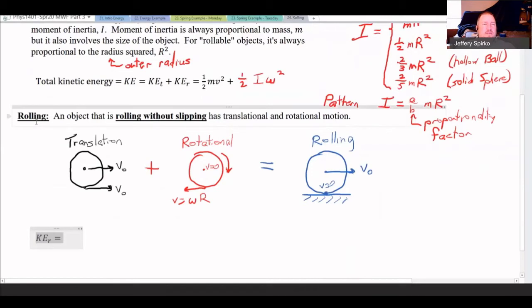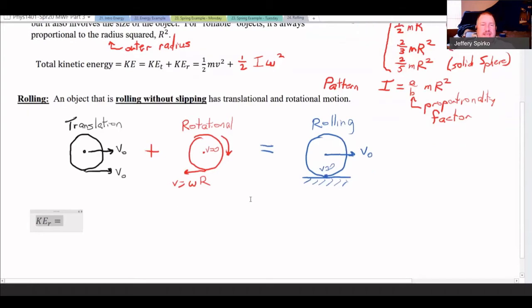Okay, so the rolling object has translational velocity. That is, the entire object is moving, so the center of mass is moving, and this point that touches the ground is moving. So that's the velocity caused by rotation. And the rotating object, if it was purely rotating, would have the center of mass not moving, and every point on the outside would be spinning around and around.